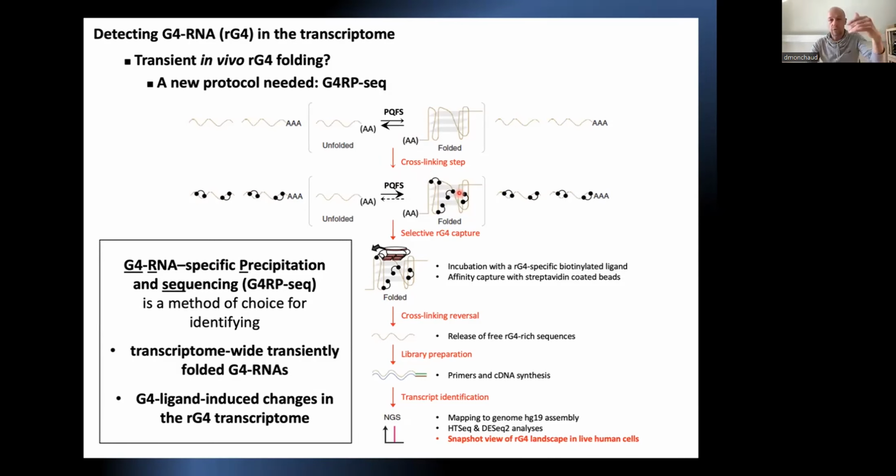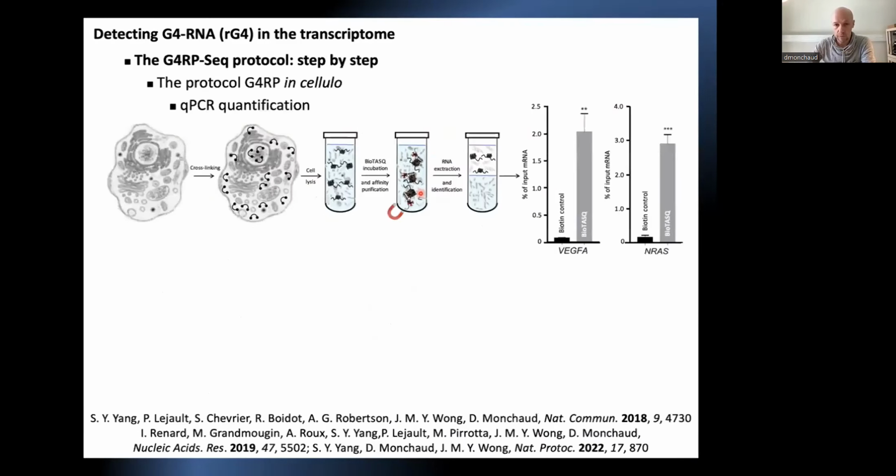And then we fragment everything, we use our molecular bait to isolate this and make some sequencing analysis. This is called G4 RP-seq, for G4 RNA-specific precipitation and sequencing. And this is interesting because, thanks to this very first step, which is adapted from the ChIP-seq approach, it can provide a direct snapshot of folded G4 in vivo conditions.